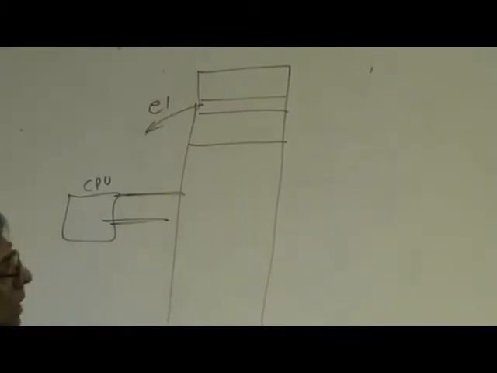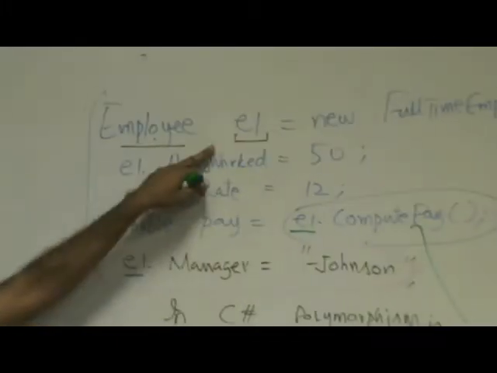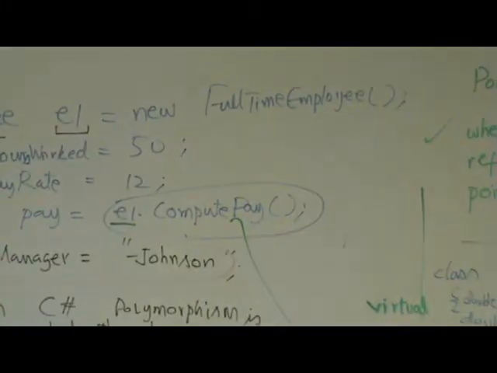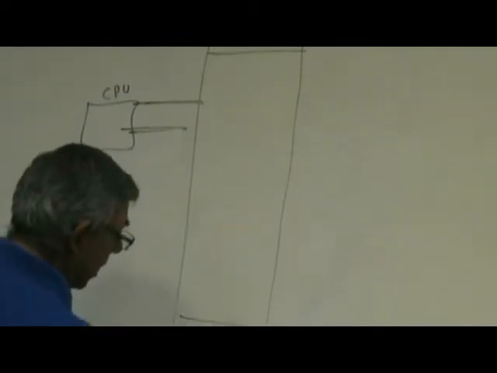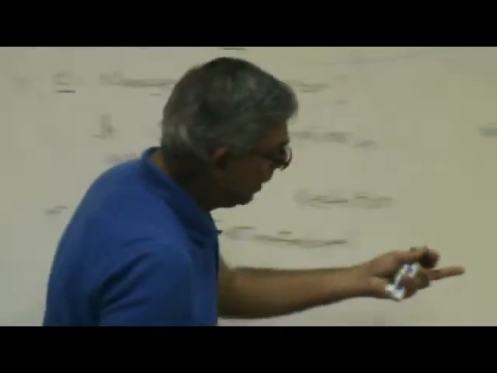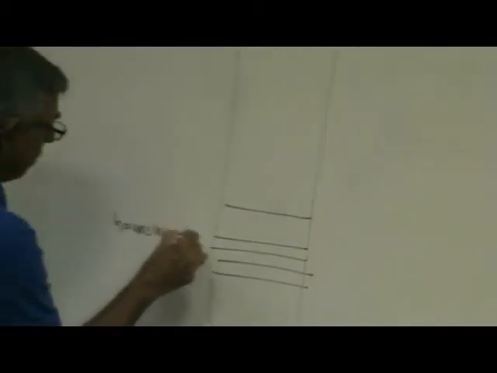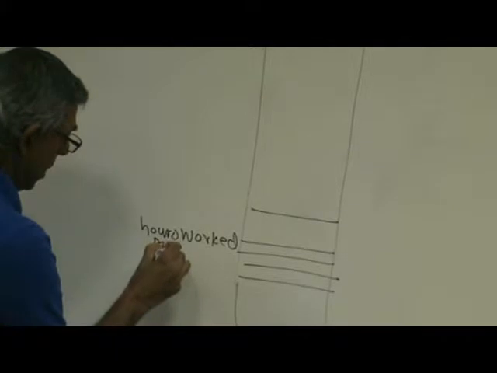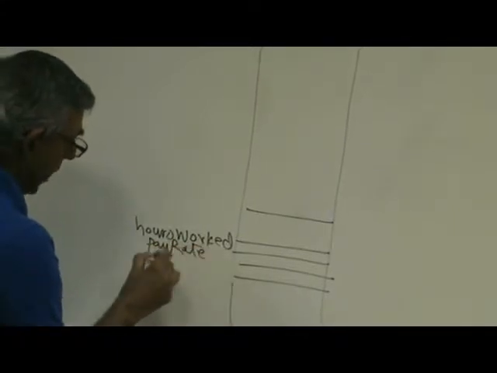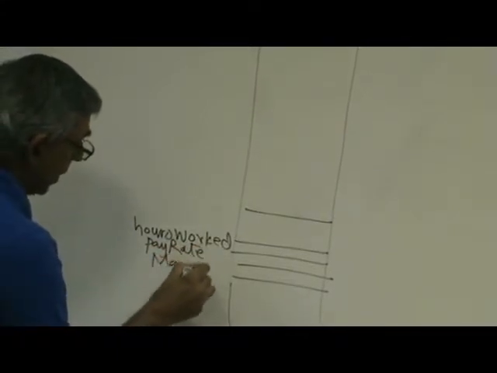So suppose this is E1, Employee E1. Once we say new FullTimeEmployee, in the heap area, what will happen? In our example, we have 3 fields: manager, and 2 being inherited, hours worked and pay rate. Let me draw that cleanly: hours worked, pay rate, and manager.